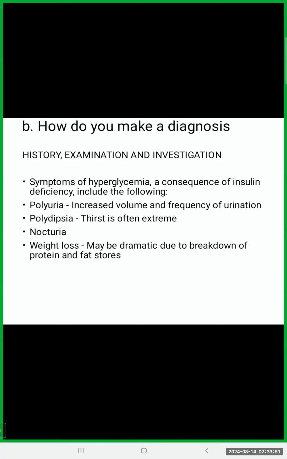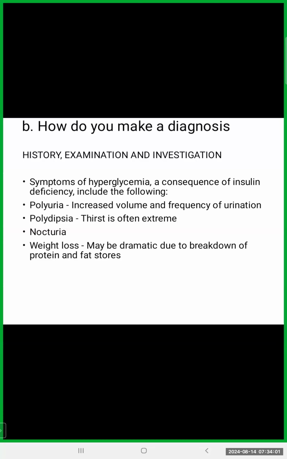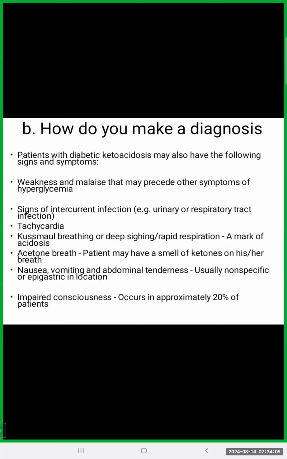So being more detailed, from the history, there will be symptoms suggestive of hyperglycemia: polyuria, polydipsia. They can have nocturia or weight loss, and patients will also present with weakness, malaise, and there will be evidence of a precipitant, maybe an infection.